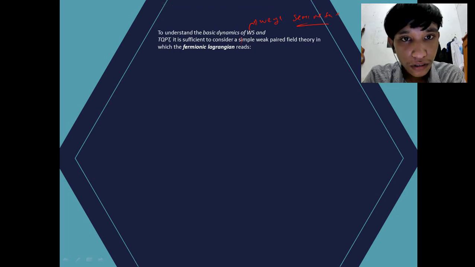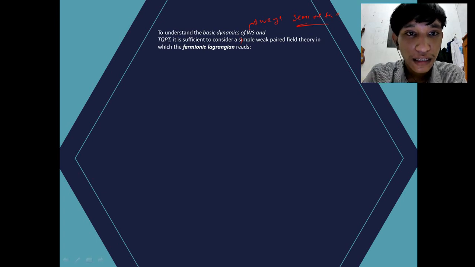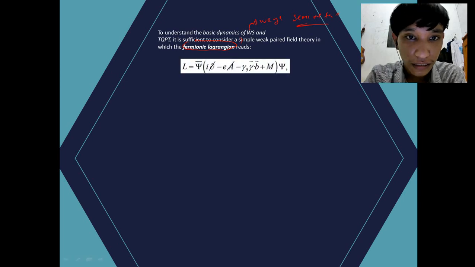So I want to read that statement to understand the basics of the dynamics of WSM and TKFT. It is sufficient to consider a simple weakly paired field theory with the fermionic Lagrangian. So I want to show you the fermionic Lagrangian. It has more symbols for the equations.